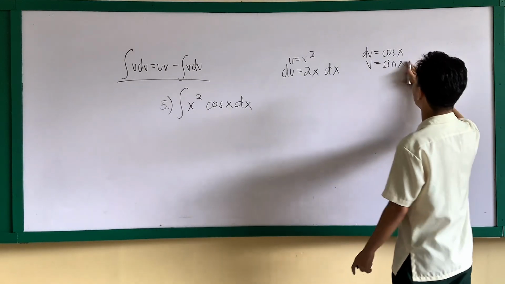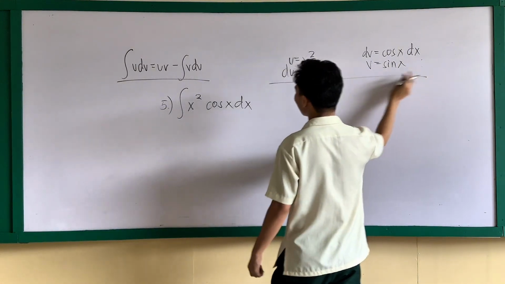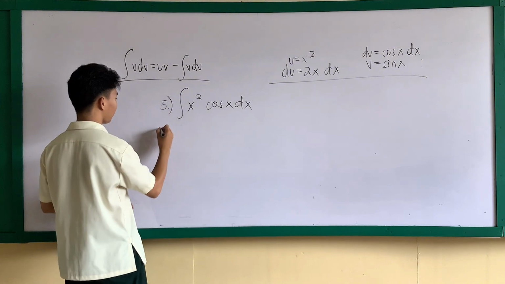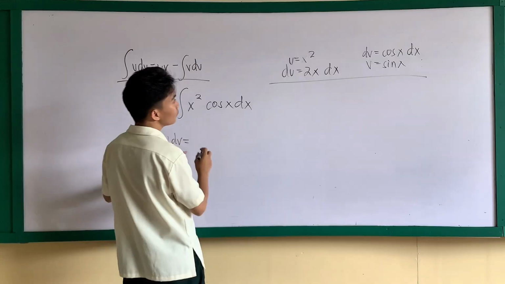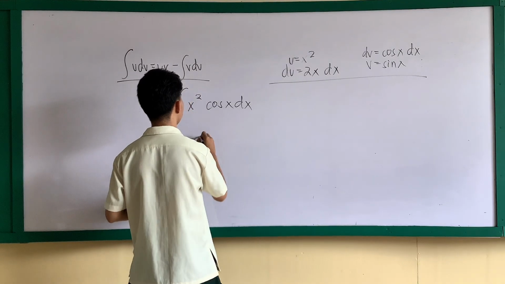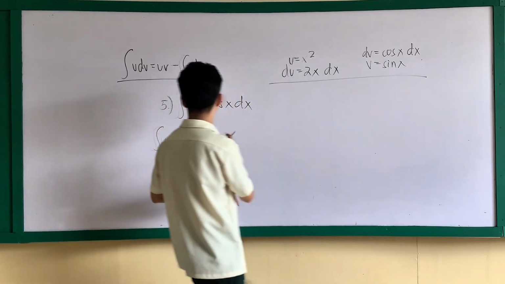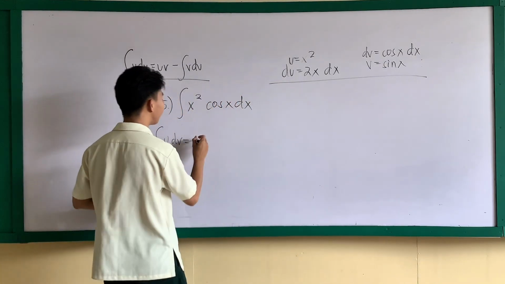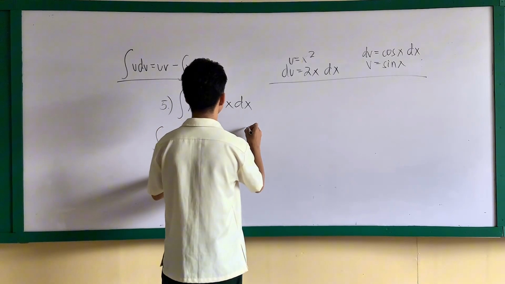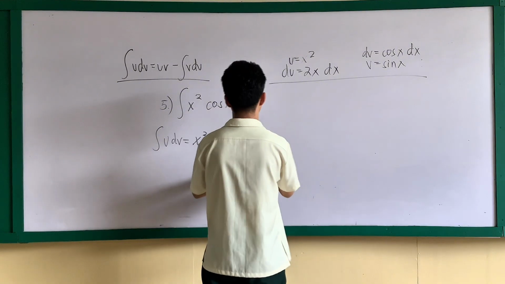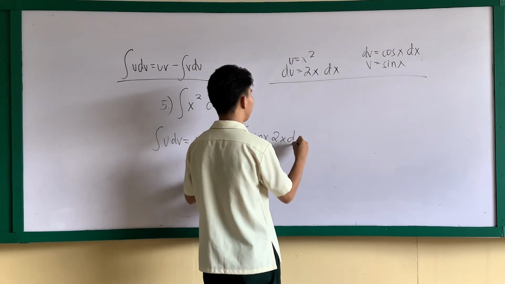So now let's substitute this to our formula. The integral of u dv is equal to u, which is x squared, times v, which is sine x, minus the integral of v, sine x, times du, which is 2x dx.